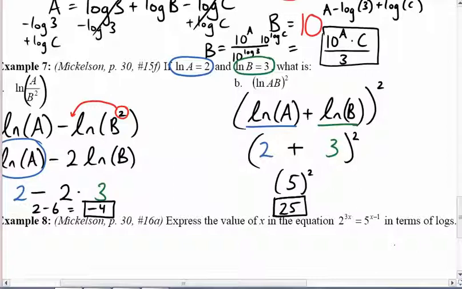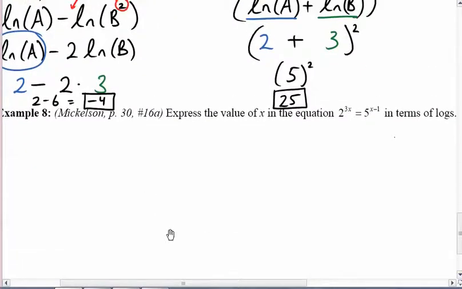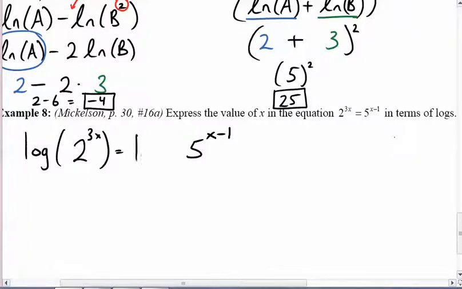And the very last problem is a very typical question that you would see on an exam or a long answer section. So this is also a question that might come up on your final exam. And again, because there's an x in the exponent, this is when you would do log on both sides. So you do log of everything on the left equals log of everything on the right.